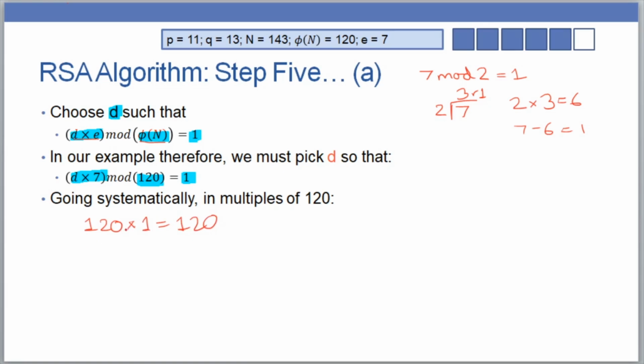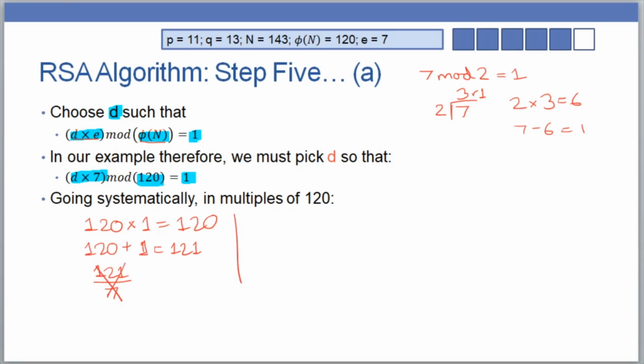Then you would add 1 to this, so 120 plus 1 equals 121. And then you would check if this resulting value, 121, is a multiple of 7. In this case, 121 is not divisible by 7, so this would not work.